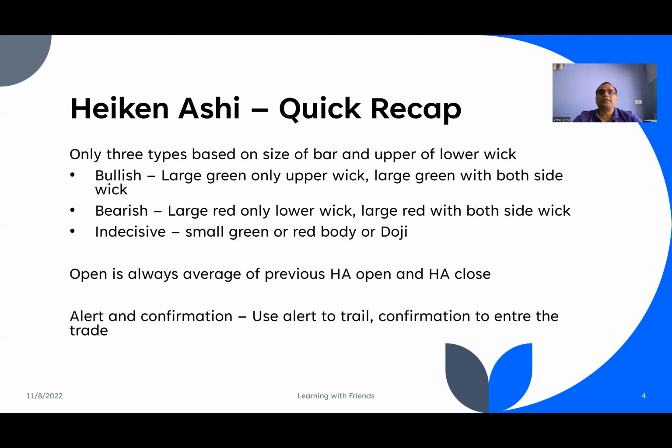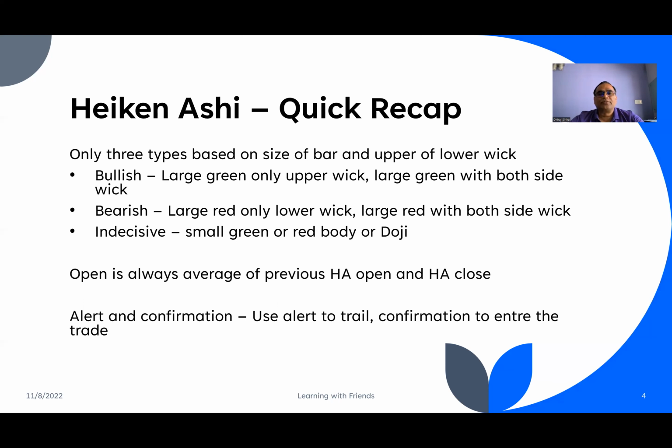As the name suggests, these are balanced candles, and these cut down on the noise. When we look at the normal candle chart, there's a lot of green candles, red candles, different sorts of candles. There are 25, 30 different combinations of candles, Marubozu, evening star, morning star, various types. But when you are looking at Heiken Ashi, essentially you are looking at three things.